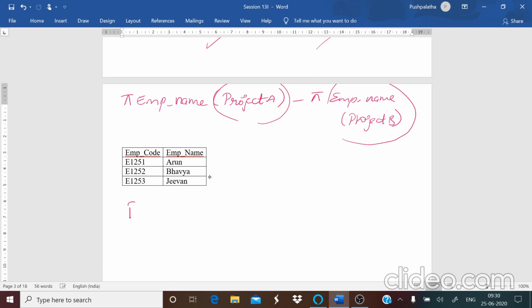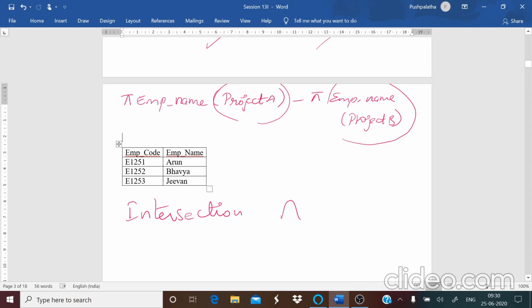And next is your intersection. Again, it selects all the common tuples from the two relations, that is which is present in both the tables, and again it is represented by this symbol.